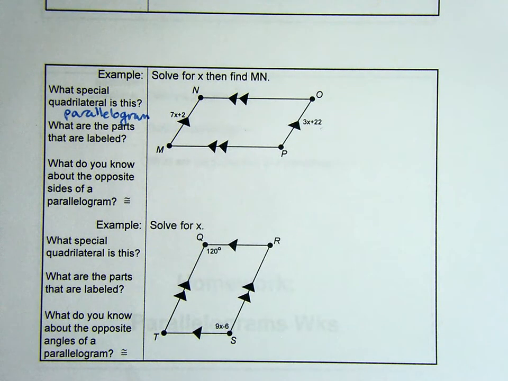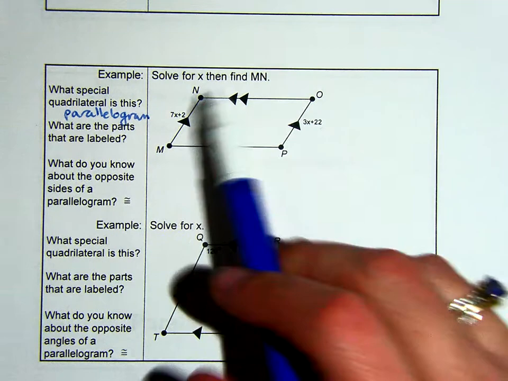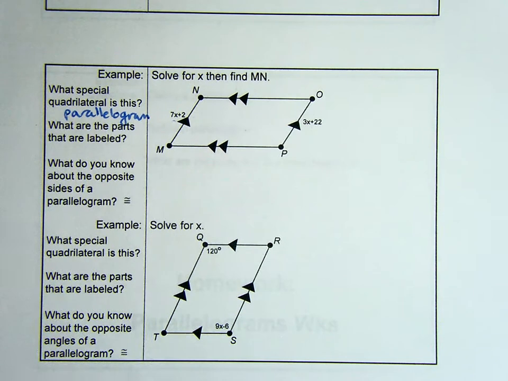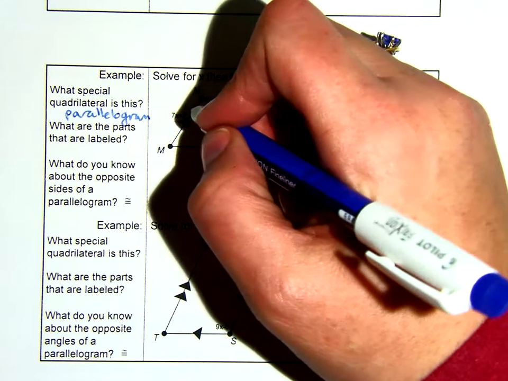Now, we have to go back through the theorems we just went through. What is marked, those are sides.